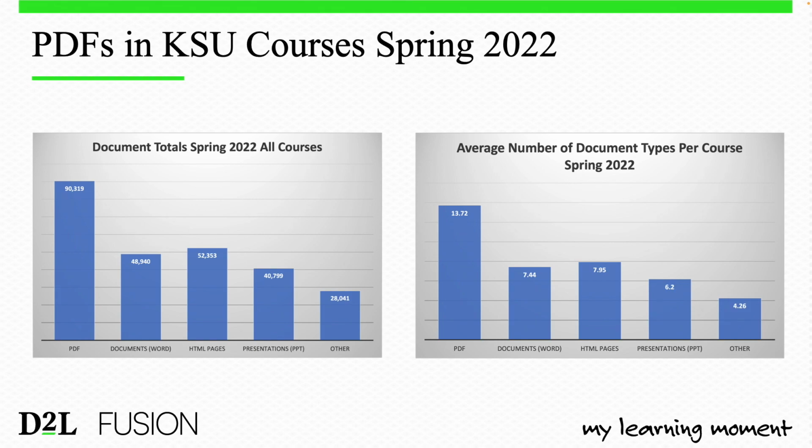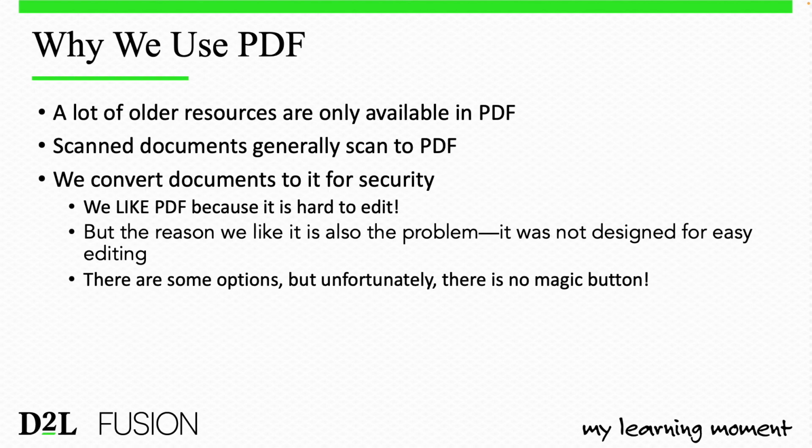Overall, though, the great majority of documents are PDFs, and there were 90,319 PDFs. On average, that ended up being roughly 14 PDF documents per course in that semester.